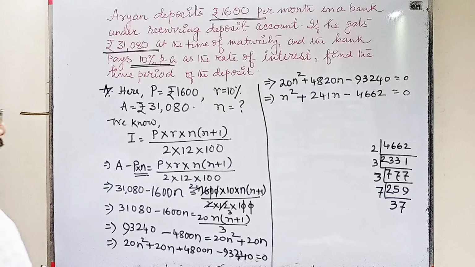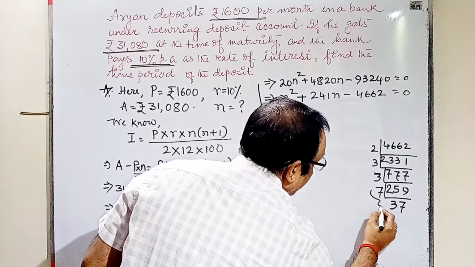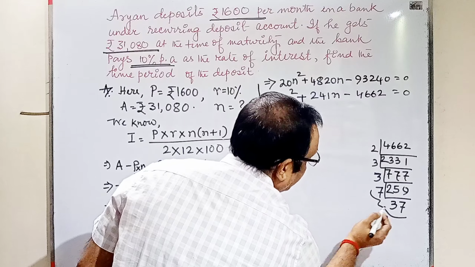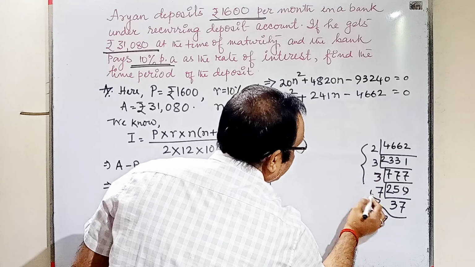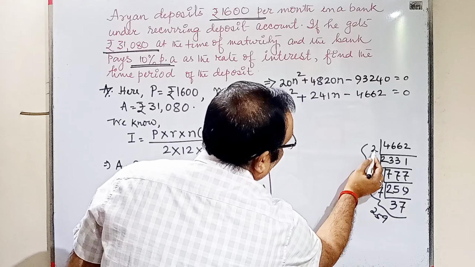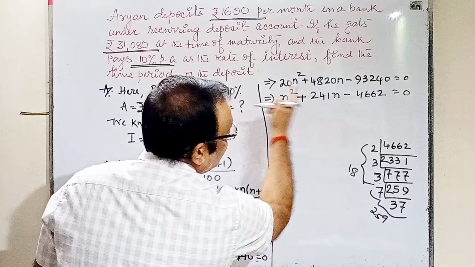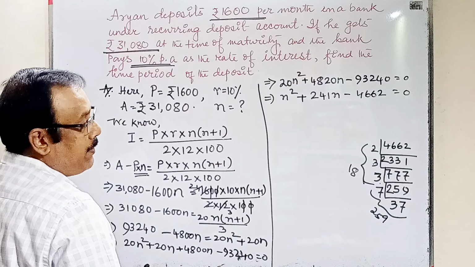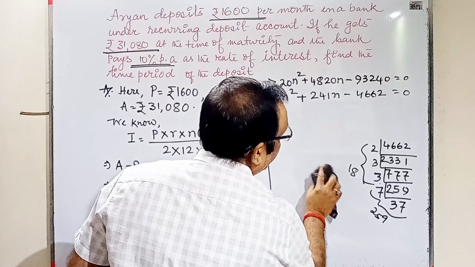So from here, what we can get is, if I multiply these two, 7 into 7 is 49, 7, 3, 2, this is 259, and this 2, 3 is 6, 3, 18. So 259 minus 18 is 241. So that is the middle term we got, 259 and 18.